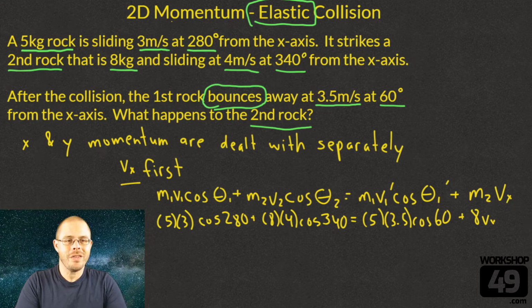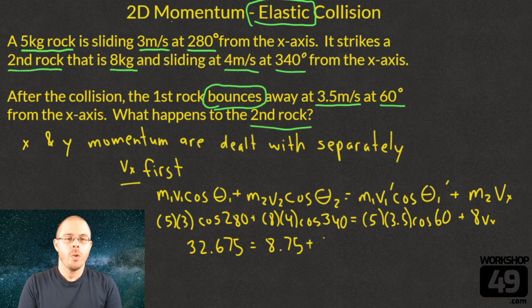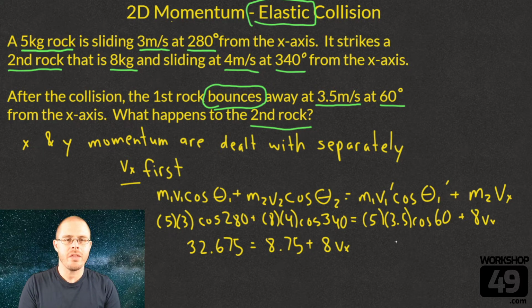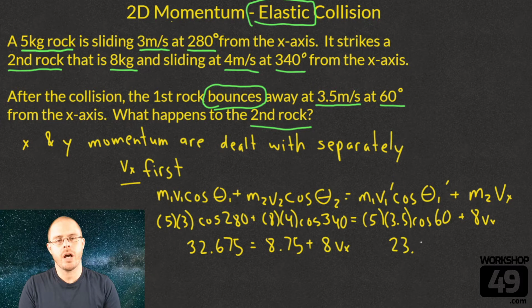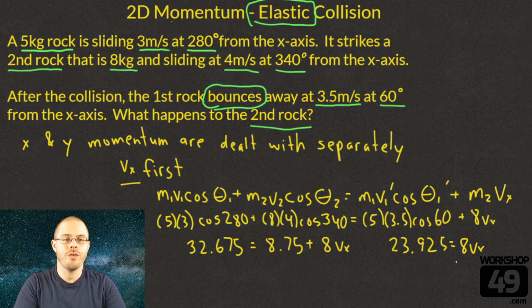We have all of these values set up, and it looks like so much. But these are just nice numbers. We can put these in the calculator. We chug out that left-hand side. It just equals 32.675. We chug out the right. It's 8.75 plus 8vx. We can simplify this, bring the 8.75 to the other side by subtracting. 23.925 equals 8vx.